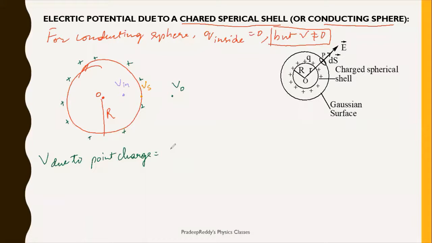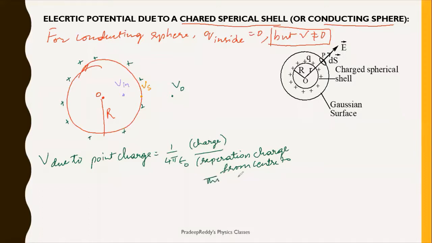It is 1 divided by 4 pi epsilon naught, into charge, divided by the separation of the charge from the center to the point. This is a very, very important conclusion you need to understand.